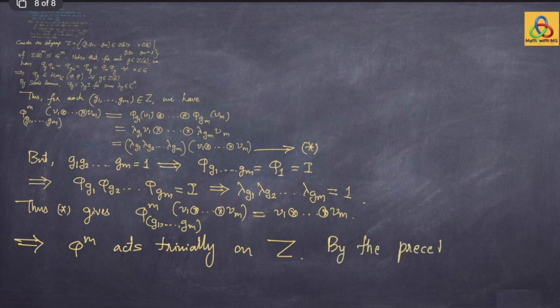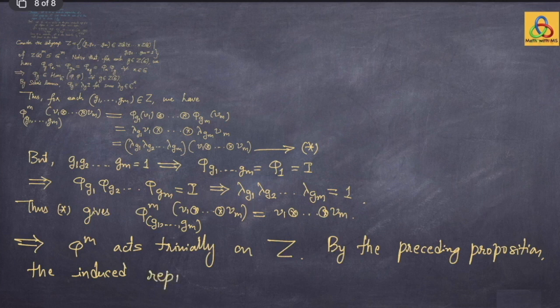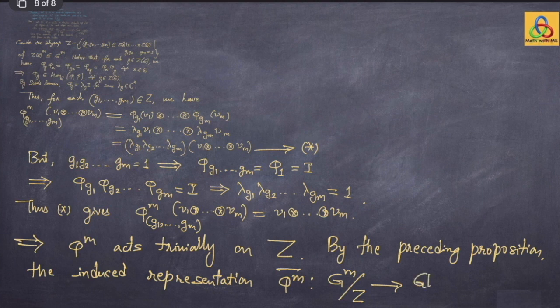Therefore by the preceding result, the induced representation phi m bar from the m-fold Cartesian product of G mod this subgroup Z to GL of the m-fold tensor product of V with itself is irreducible.